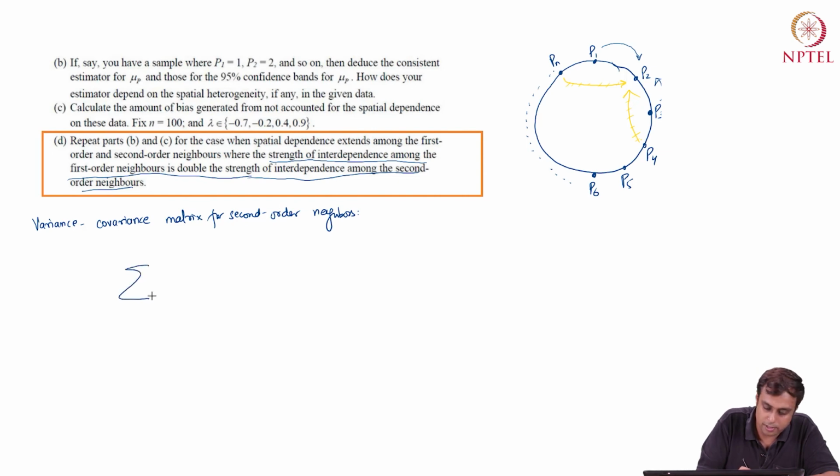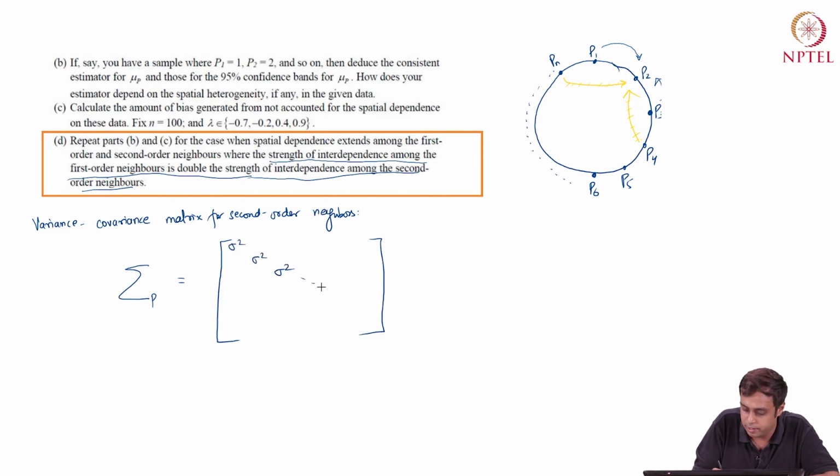So here rho sigma p is nothing but you have your diagonal elements, which are simply sigma squared, sigma squared, sigma squared, keep going all the way to sigma squared. Now on the off diagonal elements, you have sigma squared lambda, and in the second order off diagonal element, you have sigma squared lambda by 2.